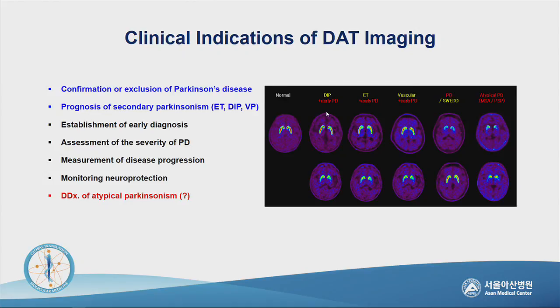As you can see, secondary Parkinsonism shows normal uptake, but Parkinson's disease and essential tremor show decreased striatal uptake. However, the usefulness of dopamine transporter imaging for differential diagnosis of Parkinson's disease and atypical Parkinsonism remains controversial and still challenging.